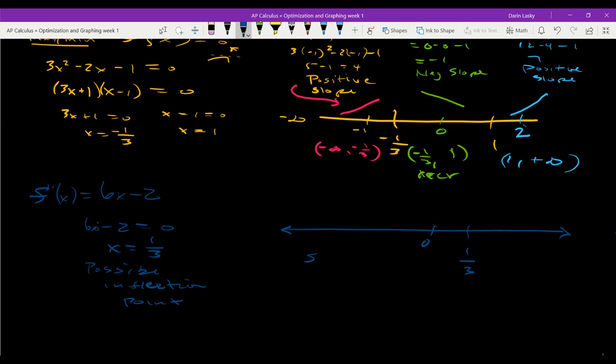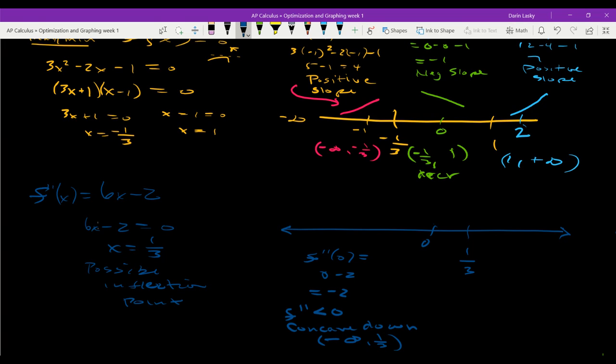So f double prime of 0 is equal to what? F double prime of 0 is equal to 0 minus 2, which is equal to negative 2. So that means f double prime of x is less than 0, which means I'm concave down.